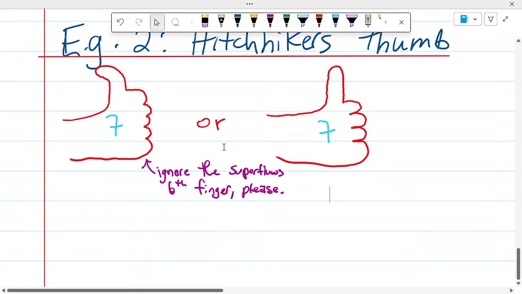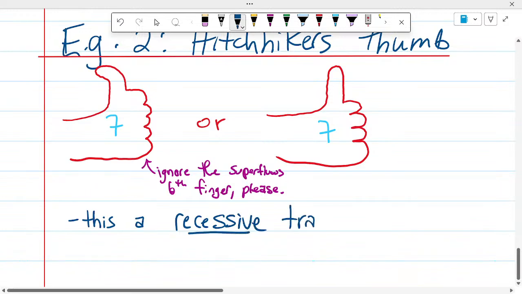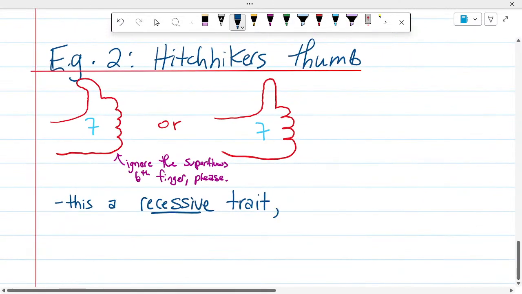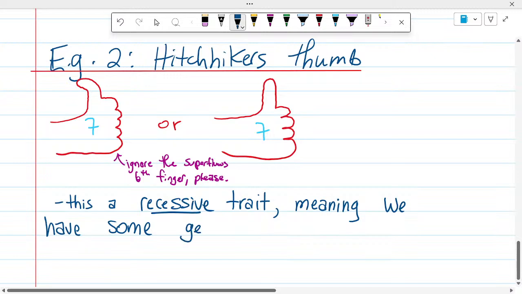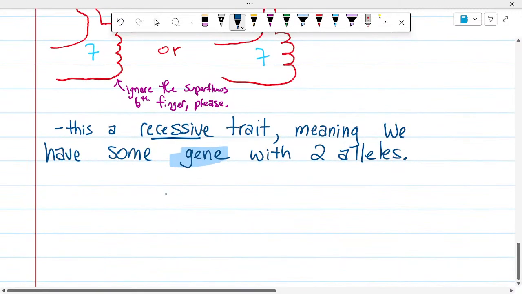So this is a recessive gene, meaning we have some gene with two alleles. And I'm going to just go with T for thumb.